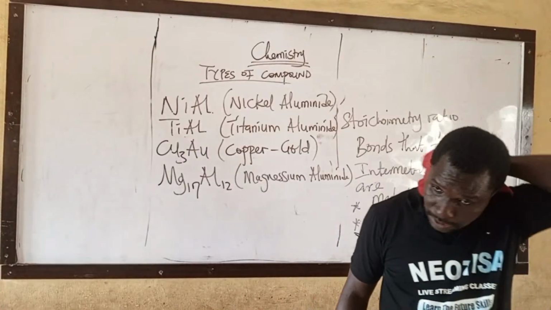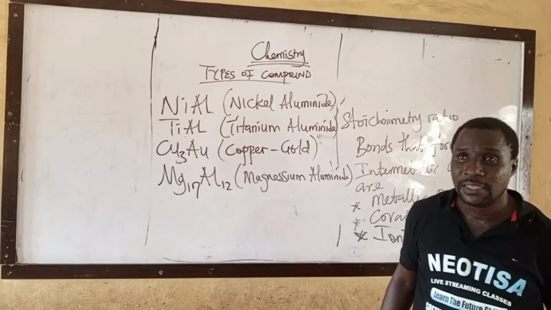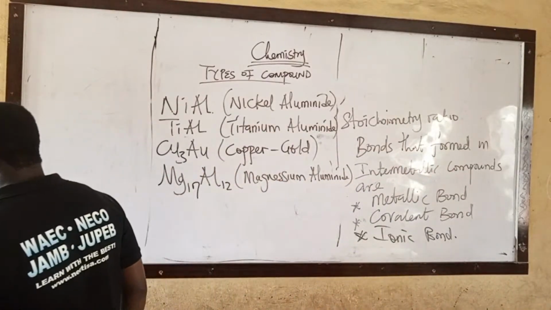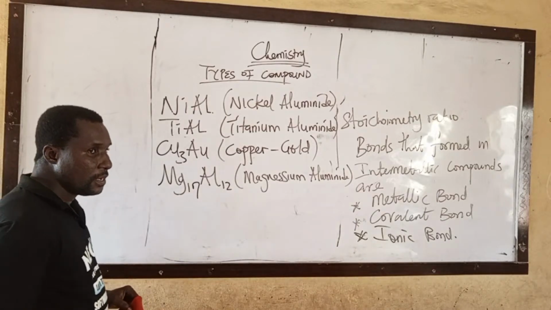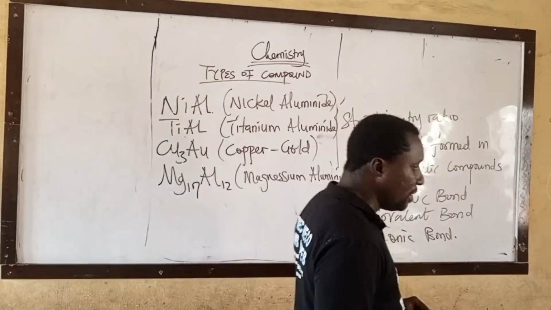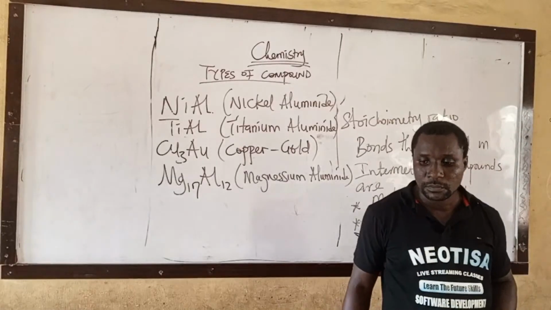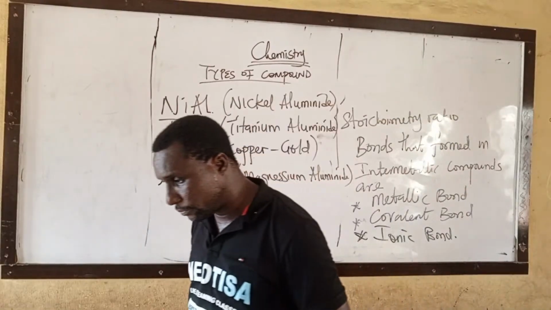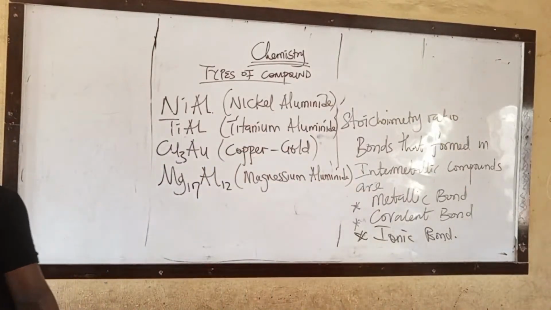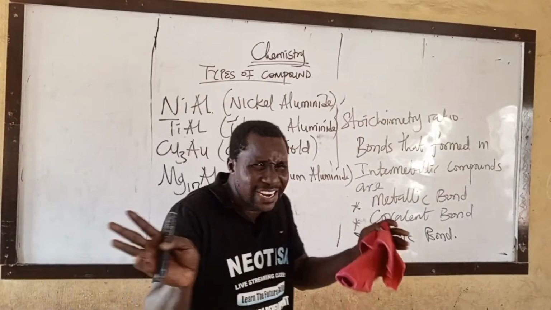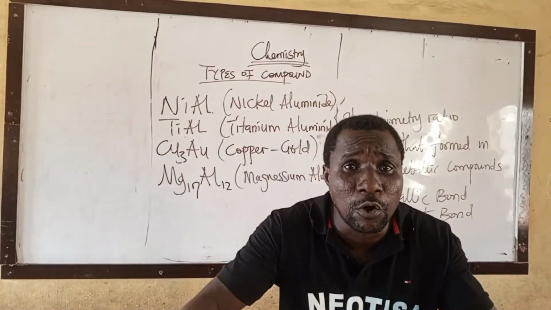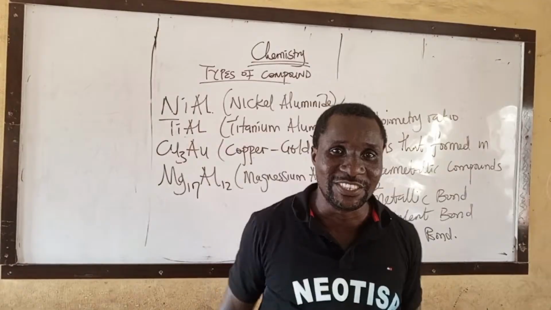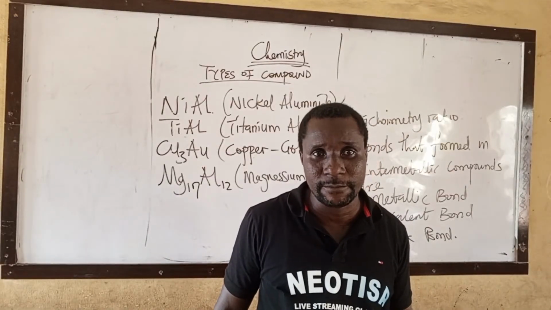Number one, they conduct electricity as a metal. Don't cram it. You know metals can conduct electricity, which means an intermetallic compound will be able to conduct electricity.